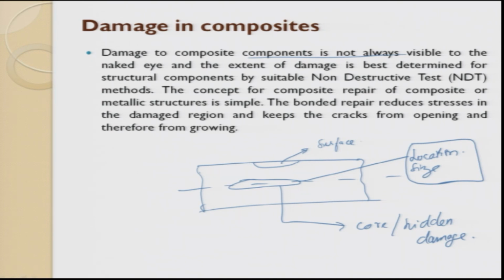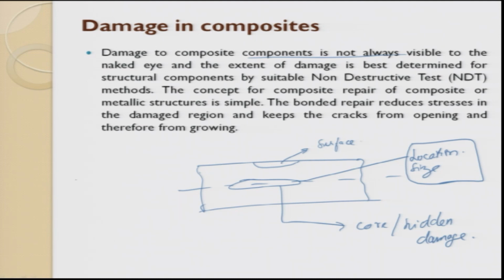The concept for repair of composites or metallic structures is very simple. The bonded repair reduces stresses in the damaged region and keeps the crack from opening and therefore from growing. So, what we do is we try to create a vent.